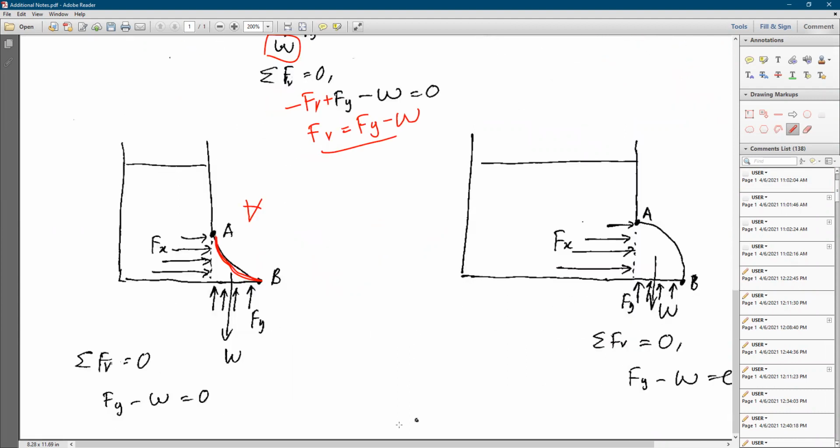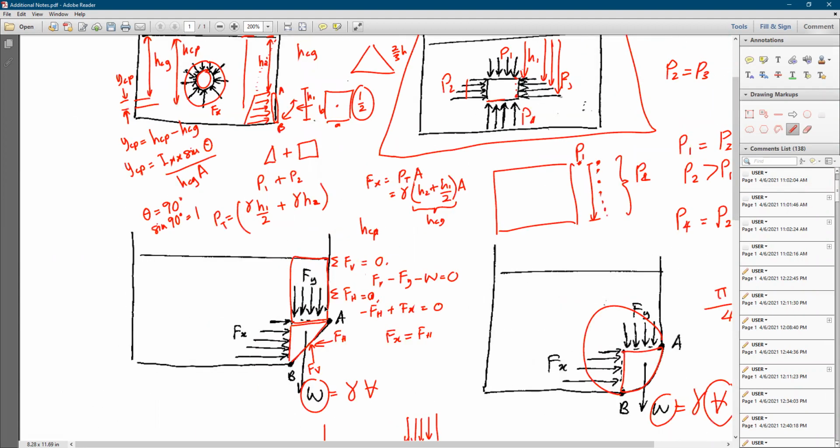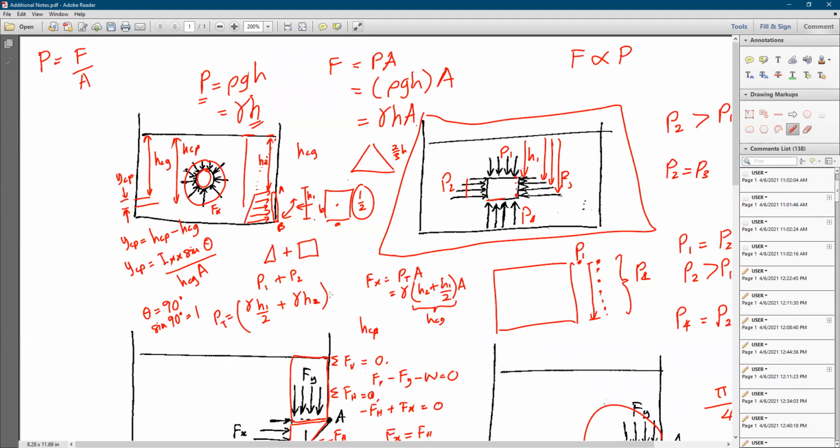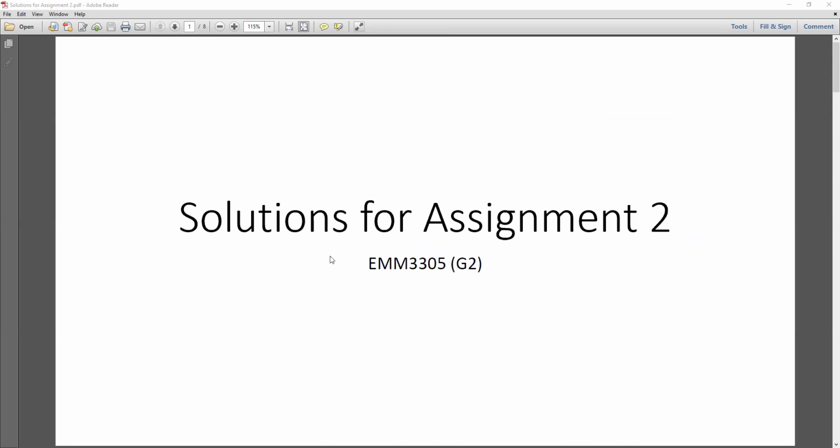I hope you will get something today. You understand something. Therefore, you can straight away look into the question assignment. Okay, the solution for assignment number 2.